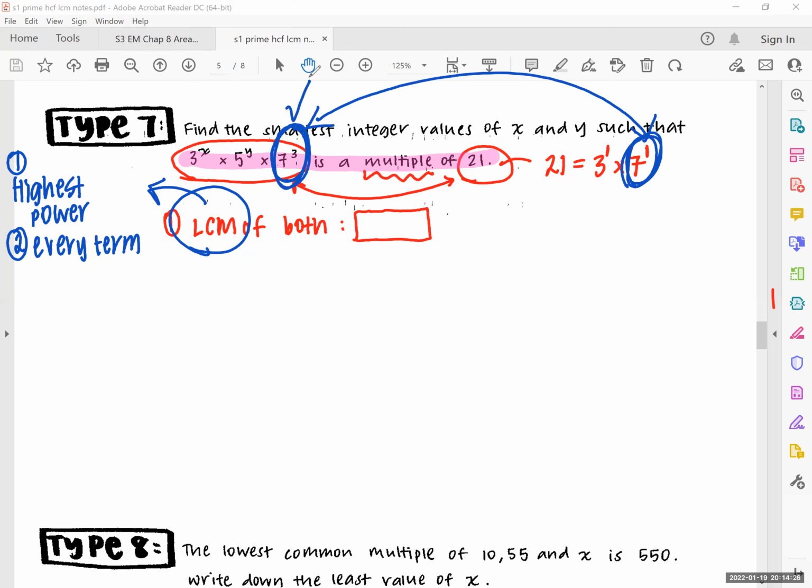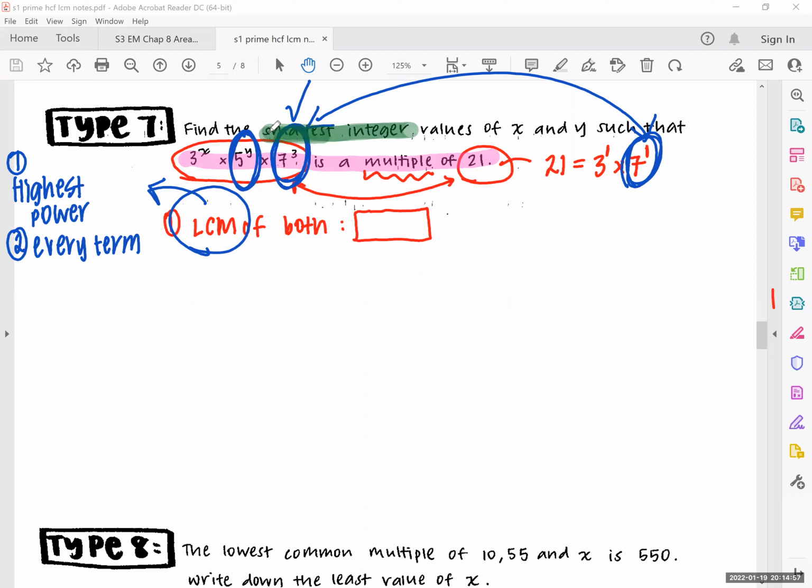Okay. Now next, can you see here is 5 to the power of something? Now here, is there any 5 to the power of something or not? No. So when you don't have 5 to the power of something, it will just be 5 to the power of what? It means it exists, but it doesn't exist. So it's 5 to the power of 0. But of course, we don't write that. Okay, so what does the question want? This one requires a little bit of thinking.